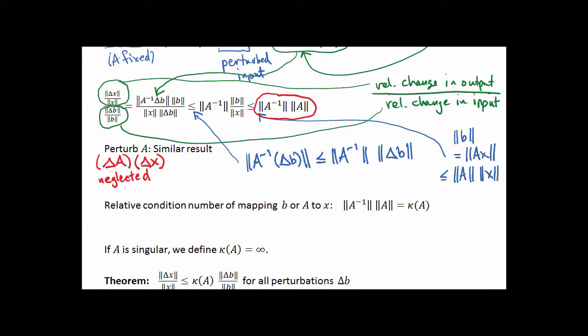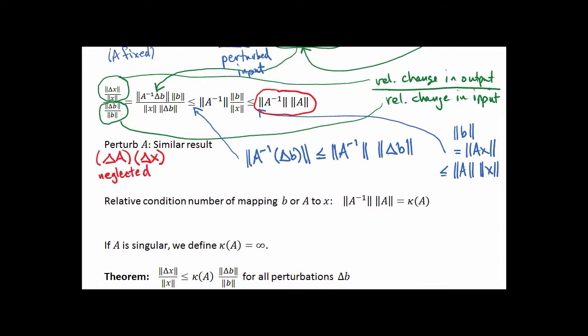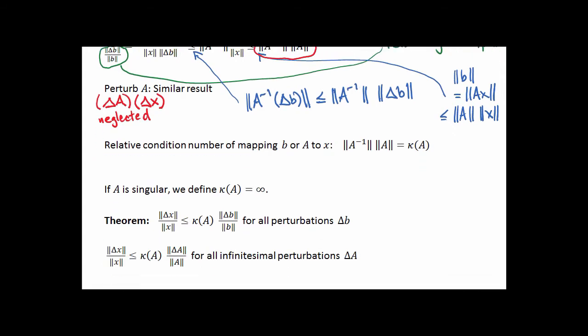We won't go through all the steps, but suffice it to say that when you do it properly, you get exactly the same upper bound, norm of A inverse times norm of A. And so what we conclude is that the relative condition number for mapping either B or A to the solution X is the norm of A inverse times the norm of A. And that's what we define as kappa of A. It's a definition of the condition number of a matrix.